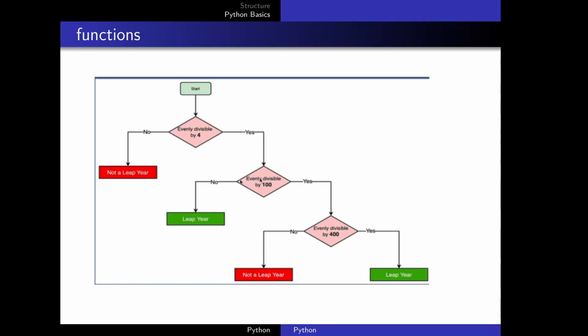If the answer is no, then it's a leap year, and if it's divisible by 100, then it's not a leap year. Furthermore, if it's evenly divisible by 400, then it is a leap year, otherwise it's not. So this is the flow chart for a leap year. We will implement this logic in a program.